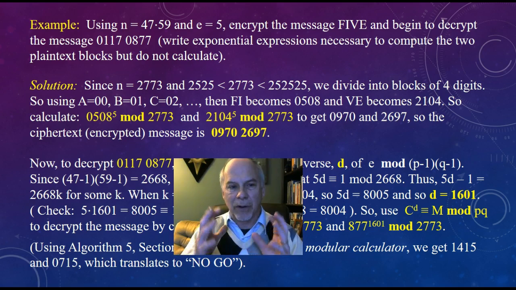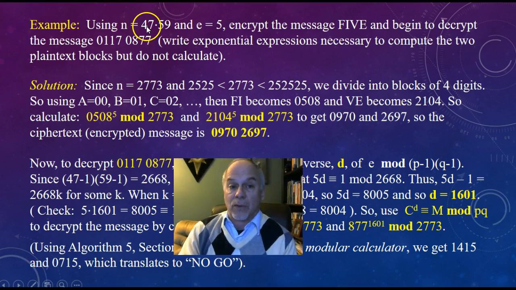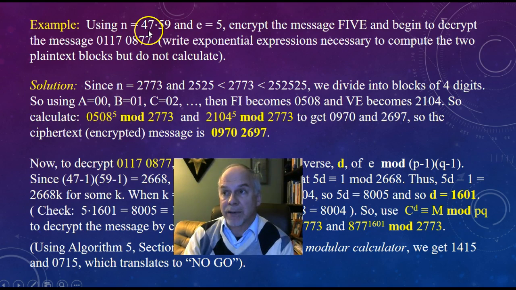But just for a simple example for us to see, we're going to use smaller numbers here in this example, all right? So n we're using is the product of two prime numbers, 47 and 59, all right? Now 47 and 59 are your P and your Q here.